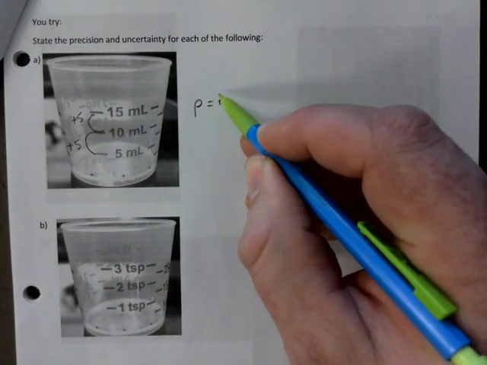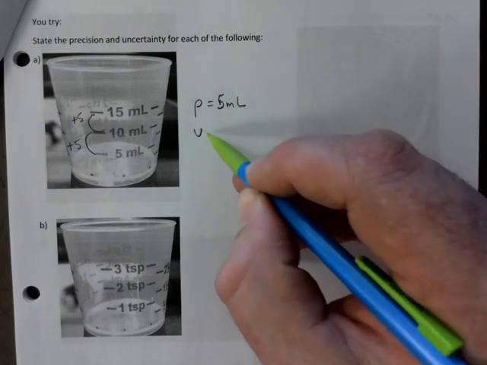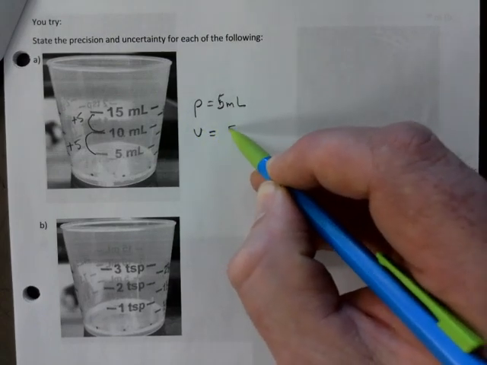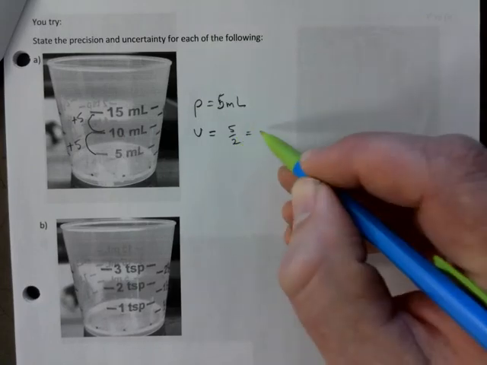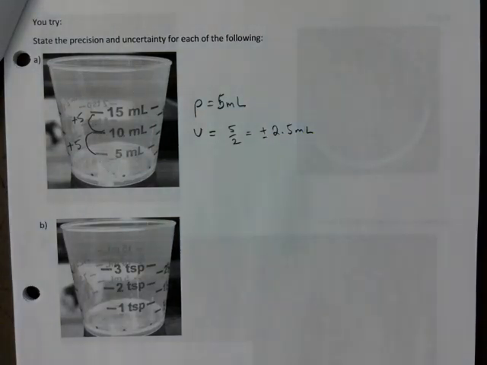So this is 5 milliliters is the precision, and therefore the uncertainty is 5 divided by 2, which is plus or minus 2.5. Quite frankly, once you have the precision, uncertainty is just a standard divided by 2 every time.